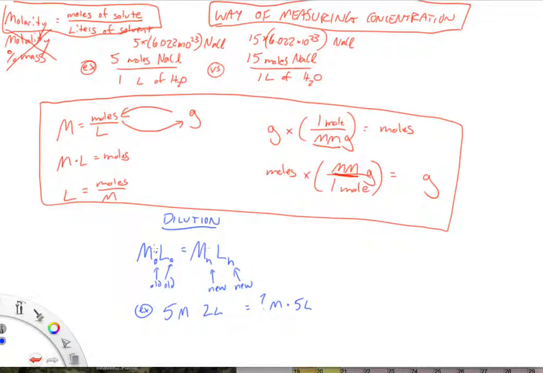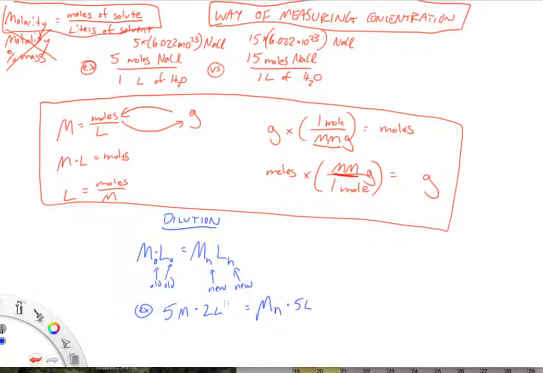So I've set it up in this equation right here, where you don't know the molarity of the new solution. I'll just put in Mn, because I've already substituted the Mo, the old molarity, and the liters of the old solution. I don't know the molarity of the new solution, and I do know the liters of the new solution. To find this, it's pretty obvious what you've got to do.